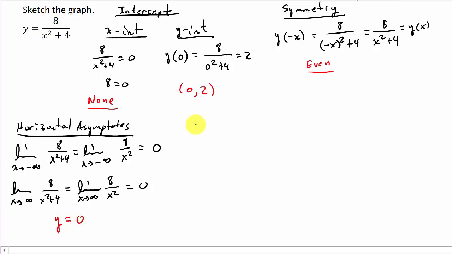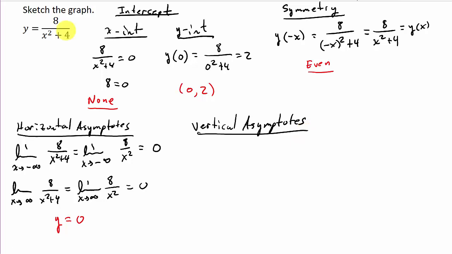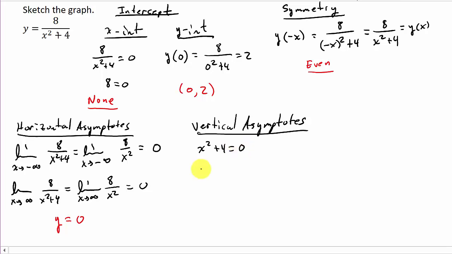All right, so now we need to look at vertical asymptotes. For vertical asymptotes, we need to see when this rational function is undefined. If you remember, that's when x squared plus 4 equals 0. It's when the denominator equals 0. And hopefully you can see that if we solve this, we get x equals plus or minus 2i.